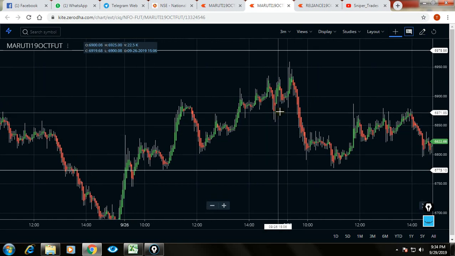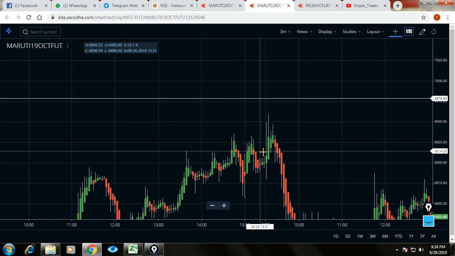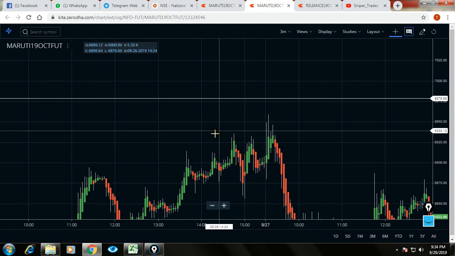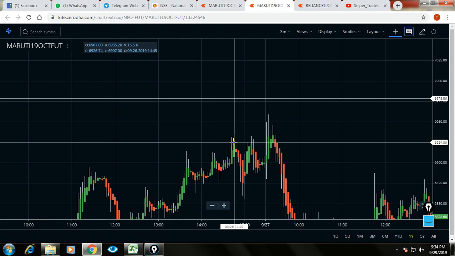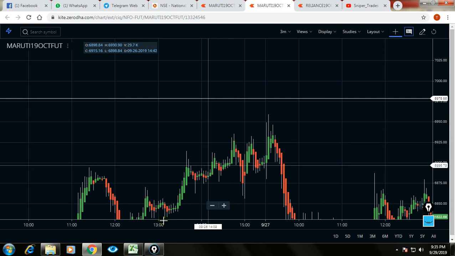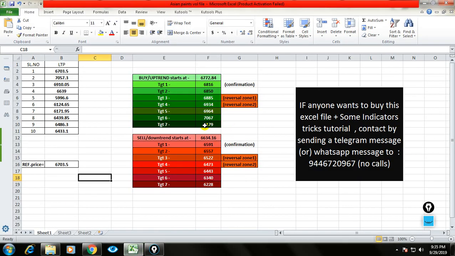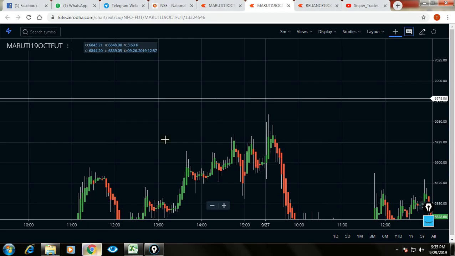Let's see what's the high made. The high made is by this candle, 6935.20 is a high made. Okay, see, the target 4 is achieved.